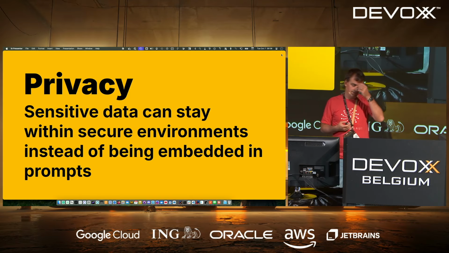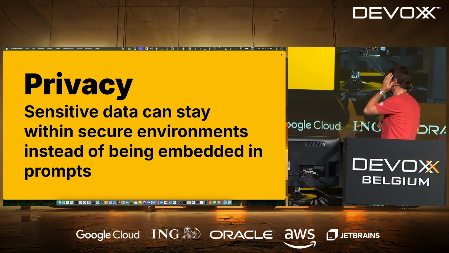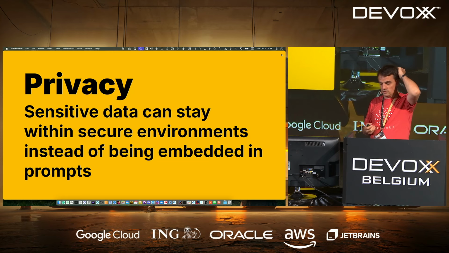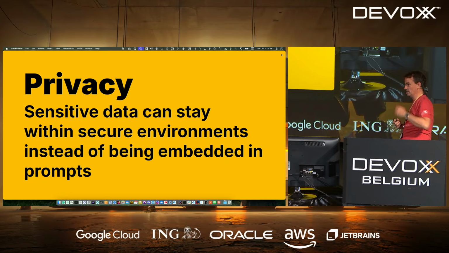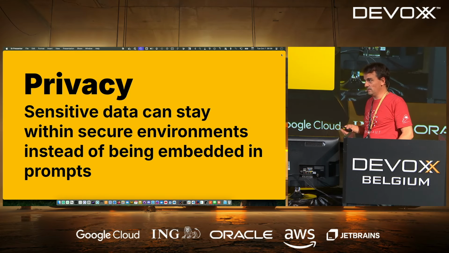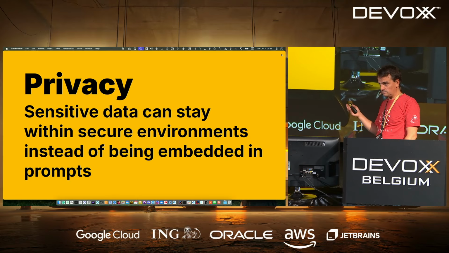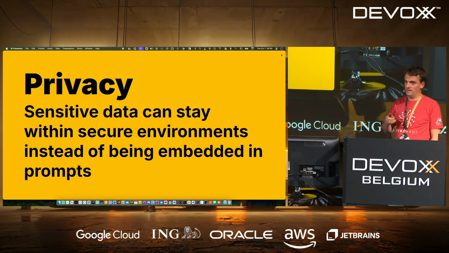Another thing is about privacy. One great feature of MCP servers is that they allow you to connect to data. I'm going to show you also today, for example, I have a web application for chess games, a really simple CRUD application where I am saving chess games in a database, and I can connect Claude with authentication and ask, have I played against this player, and what did I play?